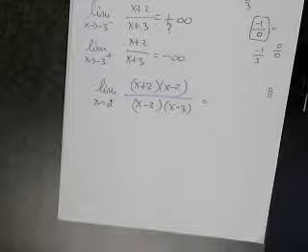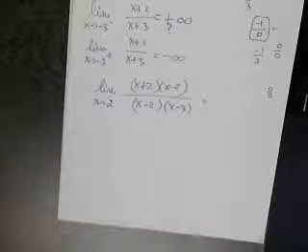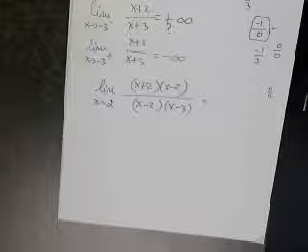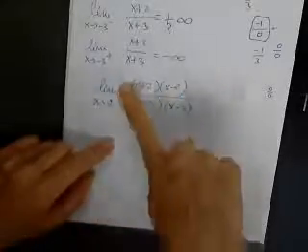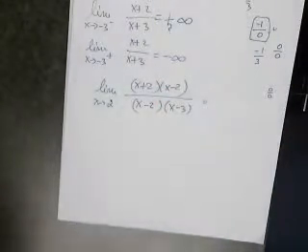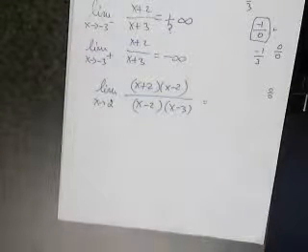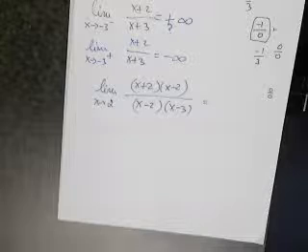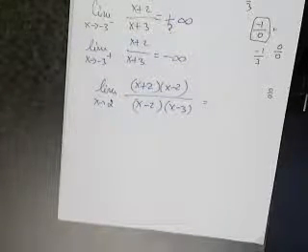It means that the function has a factor of x minus 2, because only x minus 2 will make it 0. So when I plug in 2 here and I get 0, I know there must be a factor of x minus 2. When I plug in 2 and I get 0 here, I know there must be a factor of x minus 2.